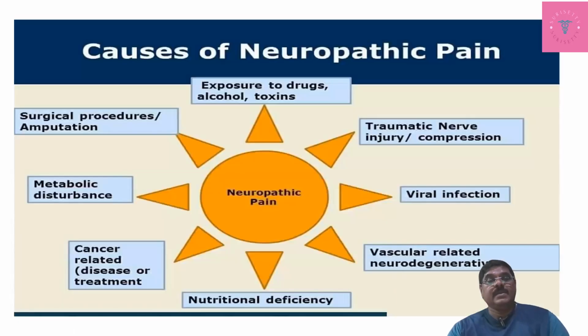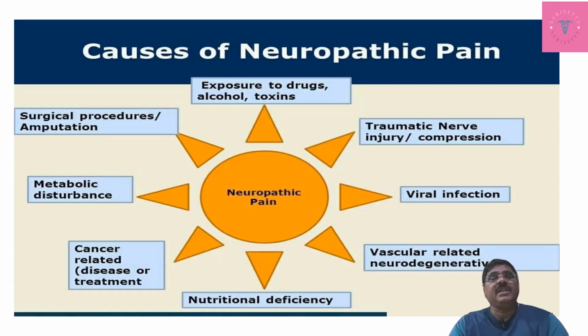There are different causes of neuropathic pain: exposure to drugs or alcohol, such as alcoholic neuropathy, toxins, traumatic nerve injuries or compressions, especially sciatica-like conditions, viral infection like herpes zoster, vascular and neurodegenerative disorders, nutritional deficiency, usually B12 deficiency, cancer-related treatment and diseases, metabolic disturbance like diabetes mellitus, and surgical procedures.